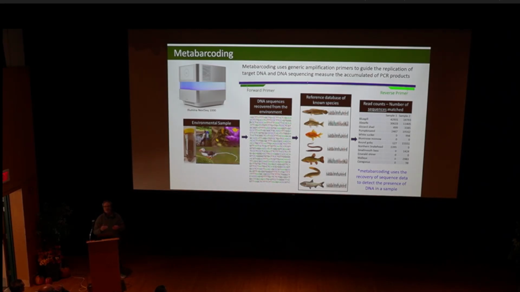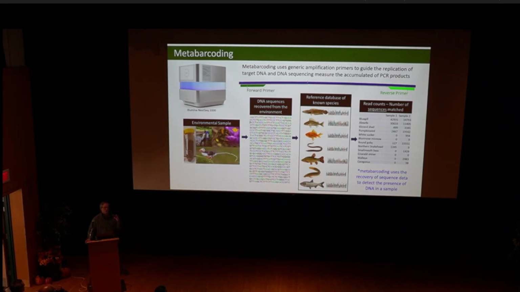We have to take that to sequencing, so we sequence all of those products and get the underlying base pair composition. What we're really recovering from that environmental sample at that point is DNA sequences, but we don't know what those sequences represent. It's just a DNA code.